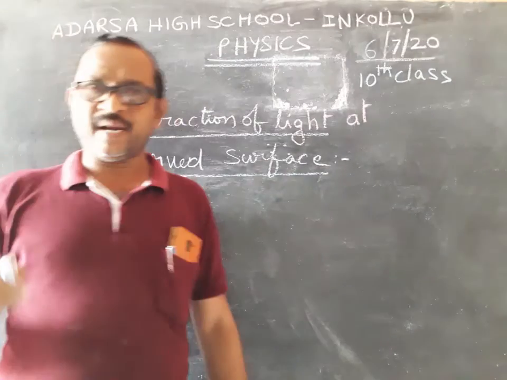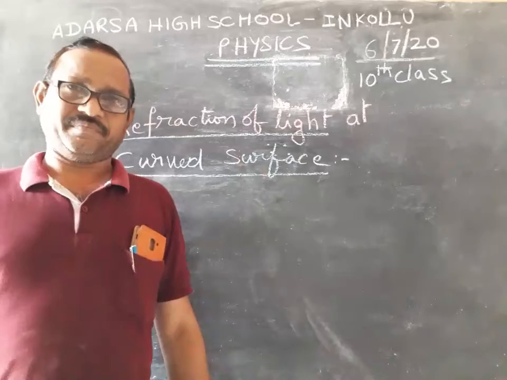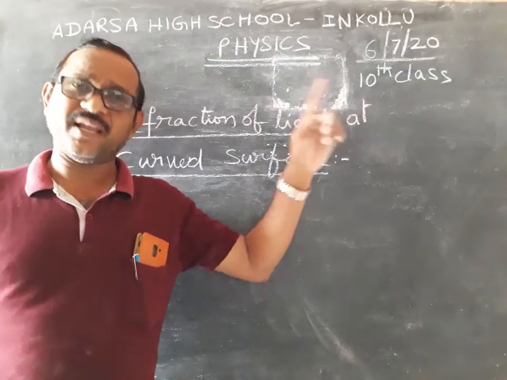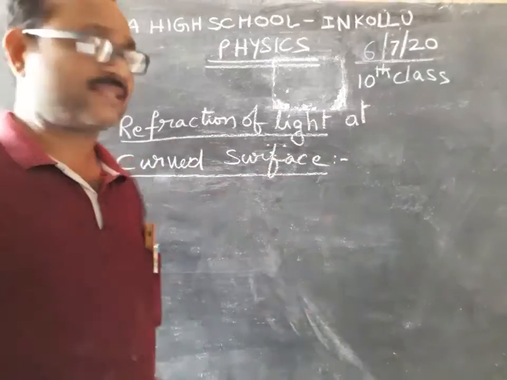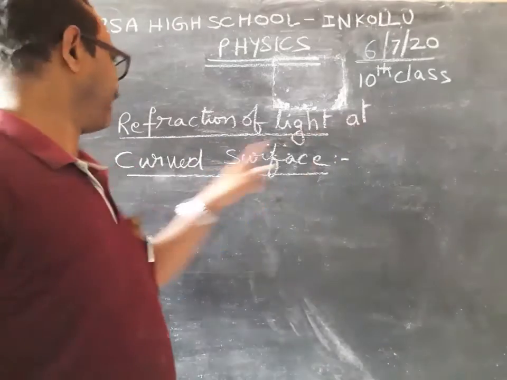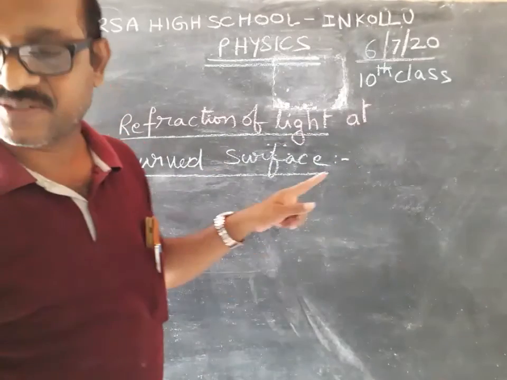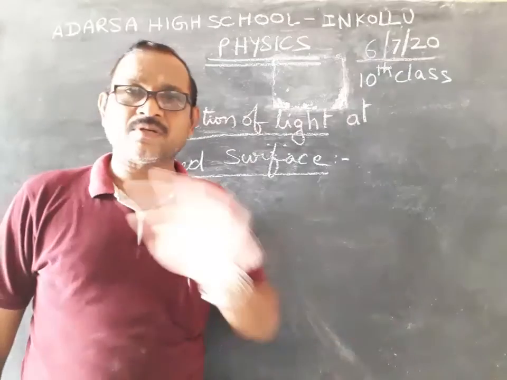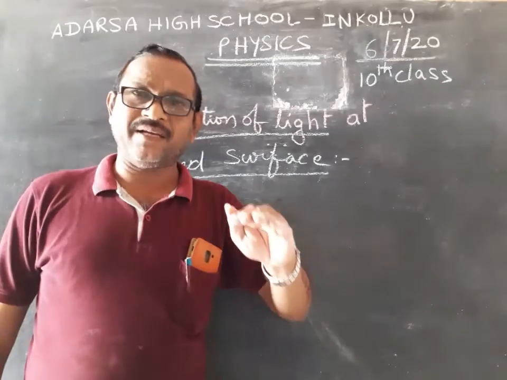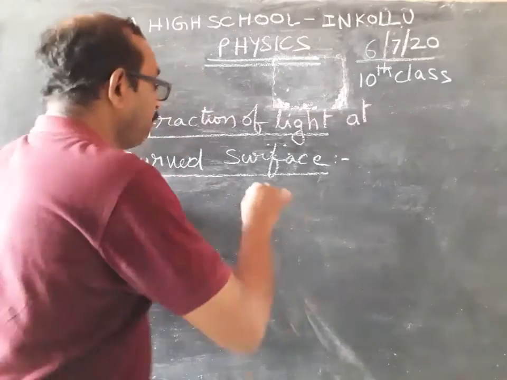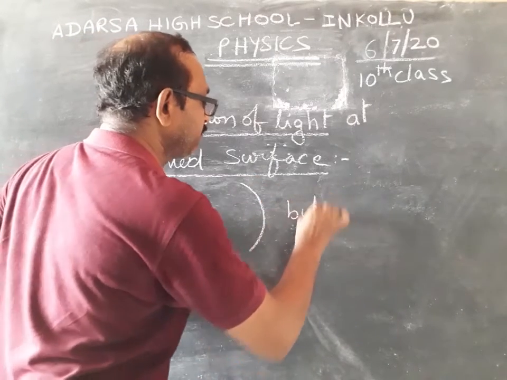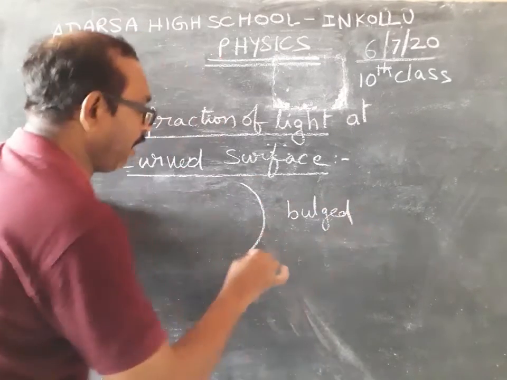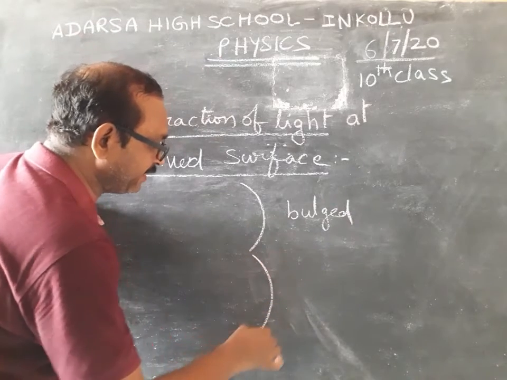It was learned in the refraction of light at plane surface. Now we are going to discuss refraction of light at curved surface. Curved surface means not plane, either bulged or bent in.